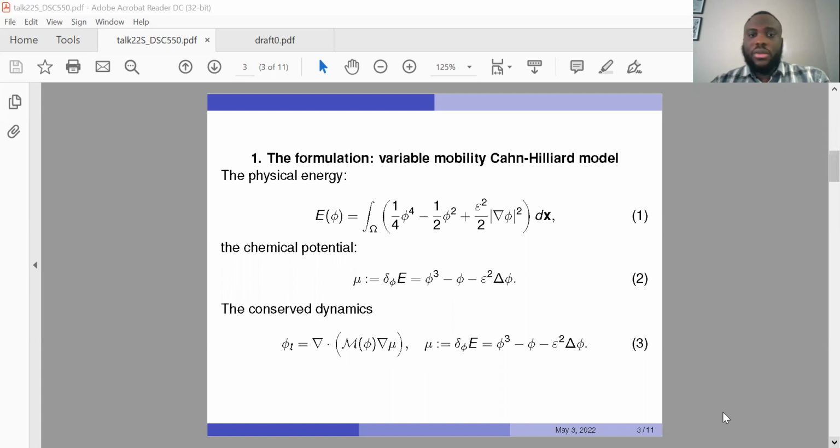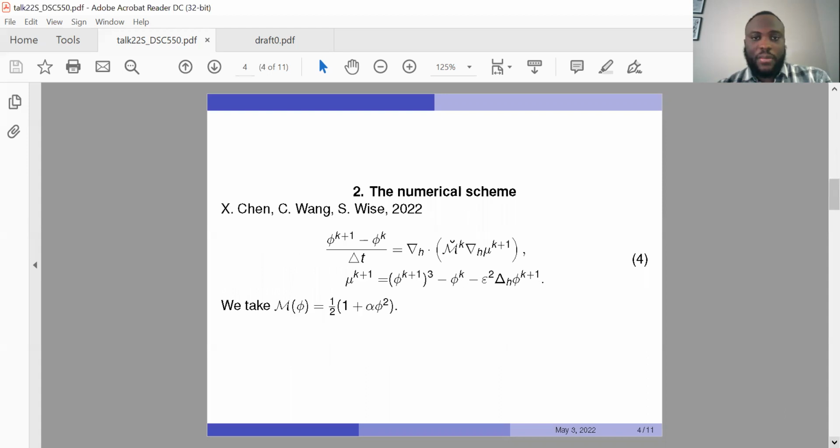The equations are well-known gradient flows with respect to a kind of energy, most especially free energy. Here we have the submodels, which are physical energy, chemical energy, and conserved dynamics model. We can see the models here in equations 1, 2, and 3.